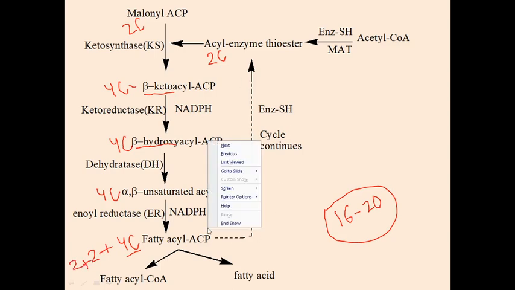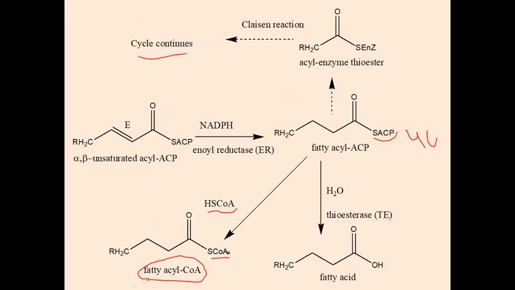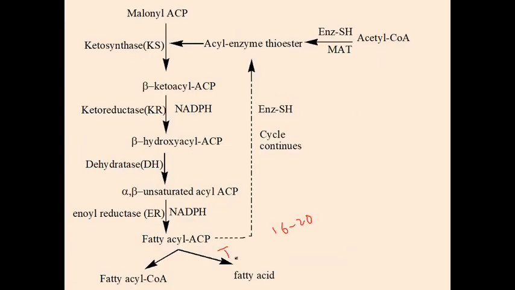After 5-6 cycles, or after a certain number of cycles, when a fatty acyl ACP of around 16 to 20 carbon atoms is formed, then either it can form a fatty acid with the help of the enzyme thioesterase, or it can form fatty acyl coenzyme A by reaction with thiocoenzyme A. These two can occur if a certain number of carbon atoms is satisfied.